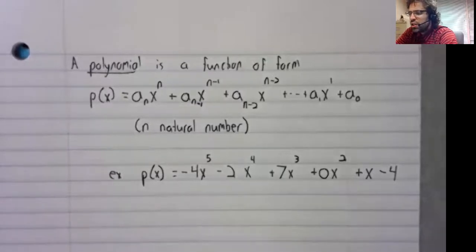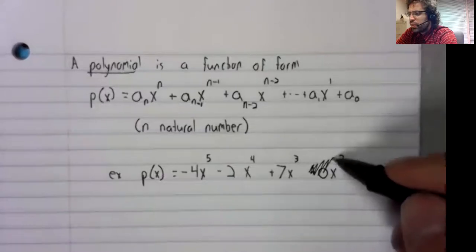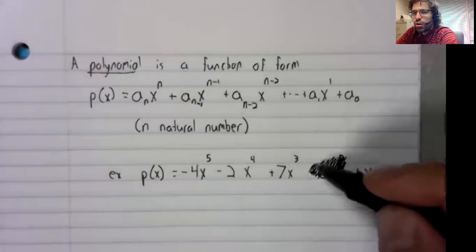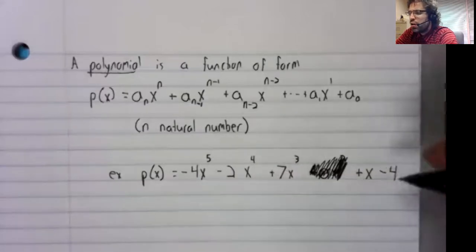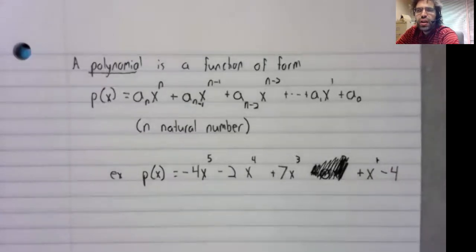So you see that we're allowed to skip terms. 5, 4, 3, 1, constant. And that's okay. It's still a polynomial.